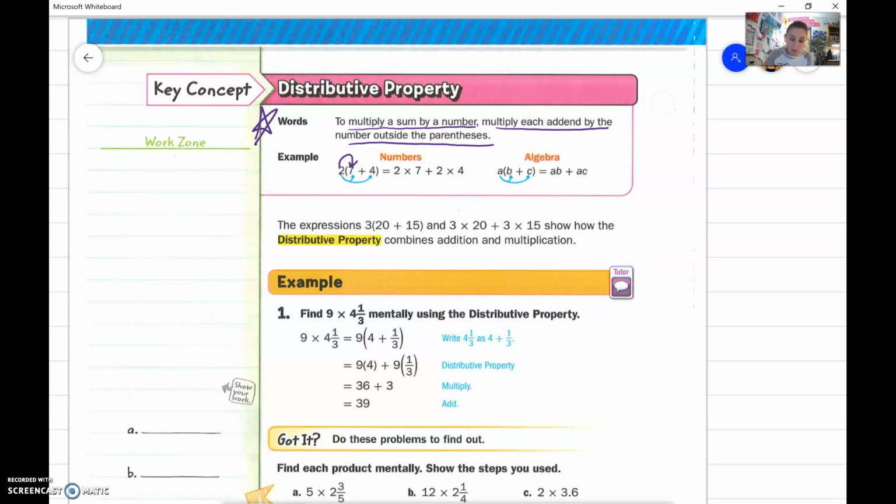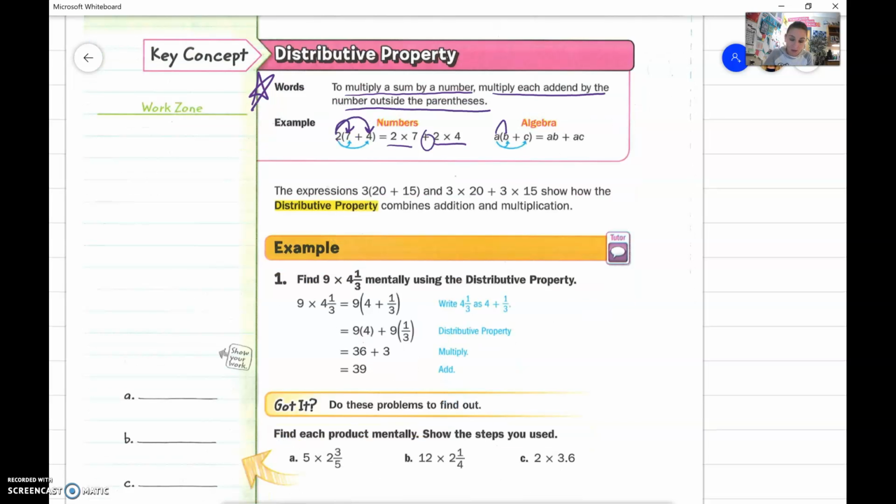So really, this becomes 2 times 7 and 2 times 4, and then I'm going to add them together. So what does that look like in algebra if we were just using variables? Super easy. Means that we're going to multiply a times b to get ab, and then we're going to multiply a times c to get ac. Remember, when we have them together, it means you're multiplying.